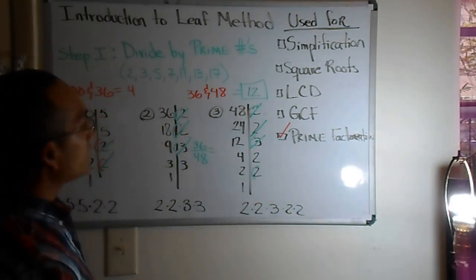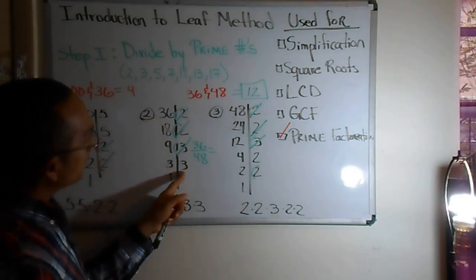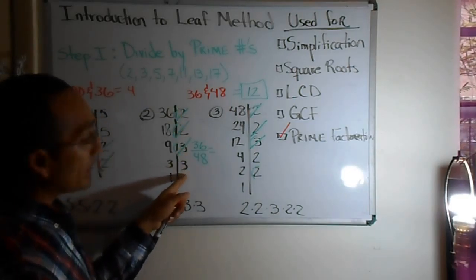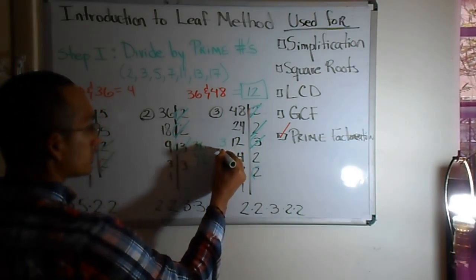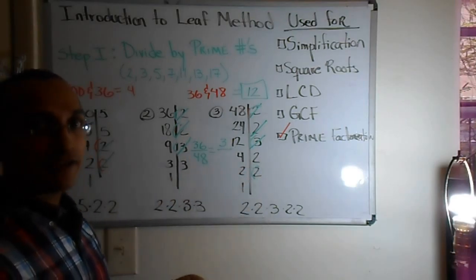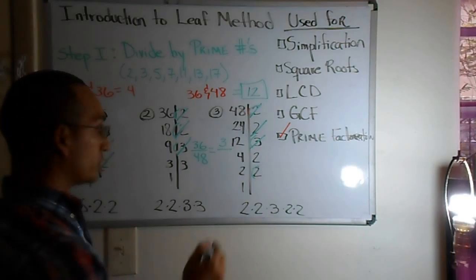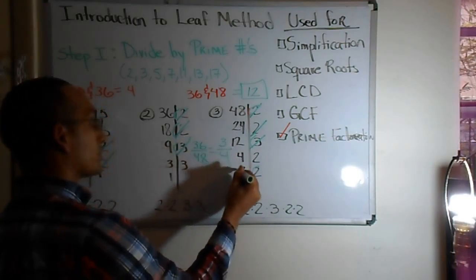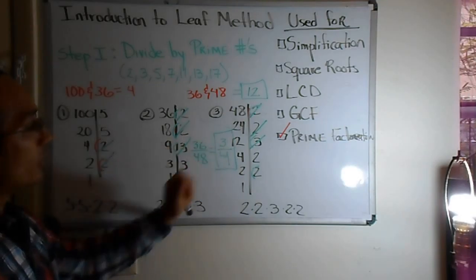And what are the numbers that are left for the 36? That became a 3. A 3 and there's nothing left, so 3 times 1 is 3. And for the 48, the numbers that are left are 2 and 2, and you need to multiply them. So it becomes 2 times 2, that becomes a 4. So 36 over 48 became 3 over 4.